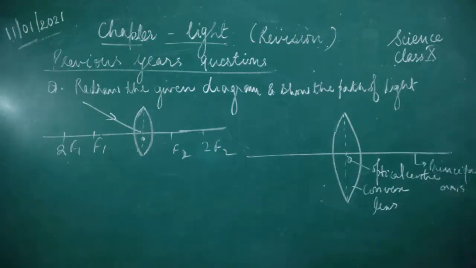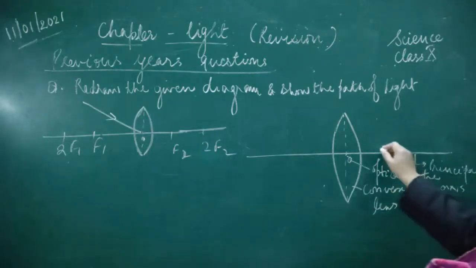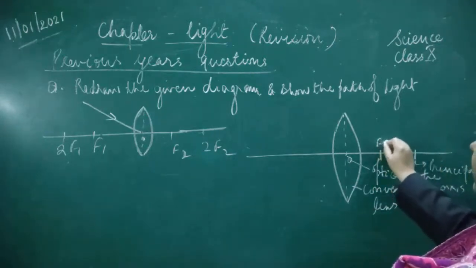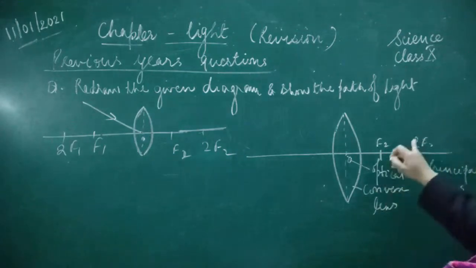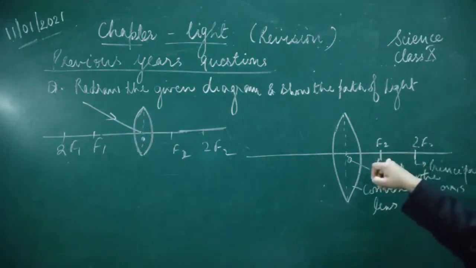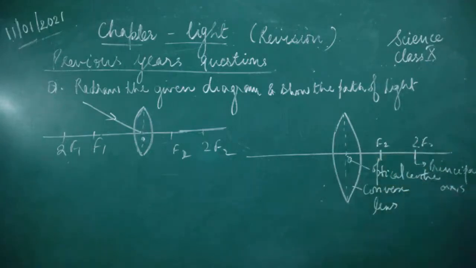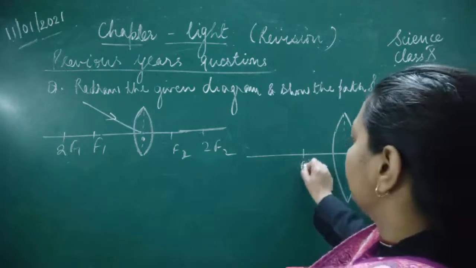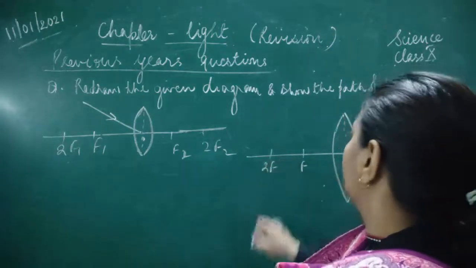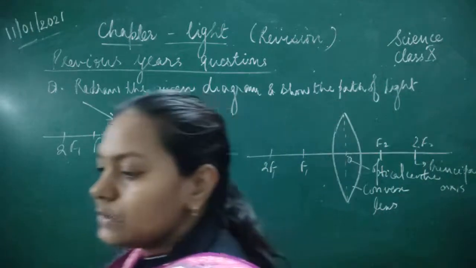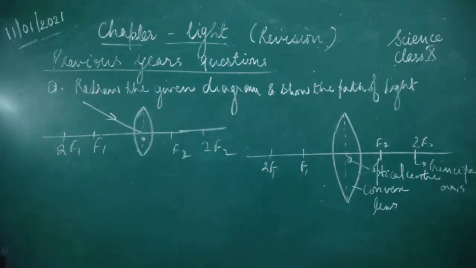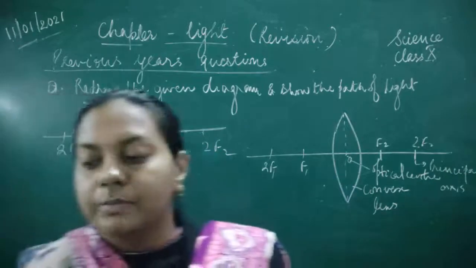Then here we can write down the focus F1, this is F2, this is 2F2, this is the focus and this is the center of curvature, but here this is the second focus. Then next is F1 and 2F1, take care. So these are the labelings which have to be present, but here you simply have to complete the ray diagram.